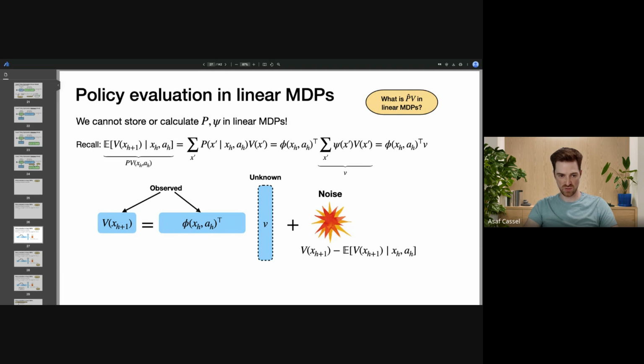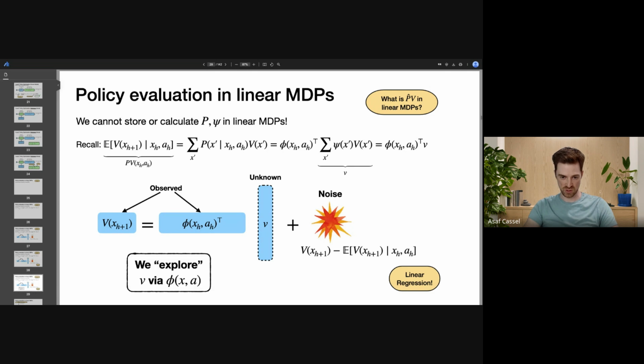The value of the next state, which you observe, is equal to the current features, which you observe, inner product with the vector V, which is what you're trying to estimate and you don't know it yet, plus a noise term. Okay, and this noise term is simply the difference between the value and its expectation. So this is great. This is just linear regression. And essentially, our exploration will be looking at exploring V via exploring the feature space, the state action feature space.